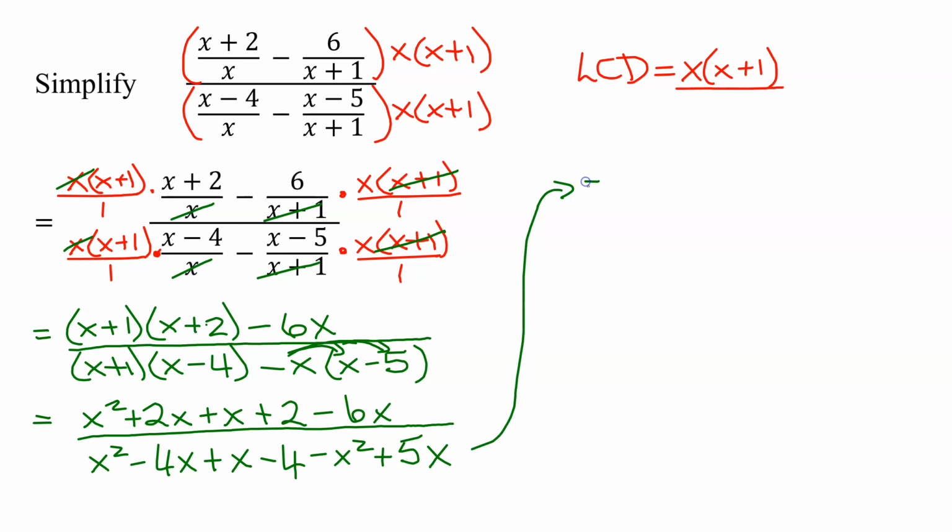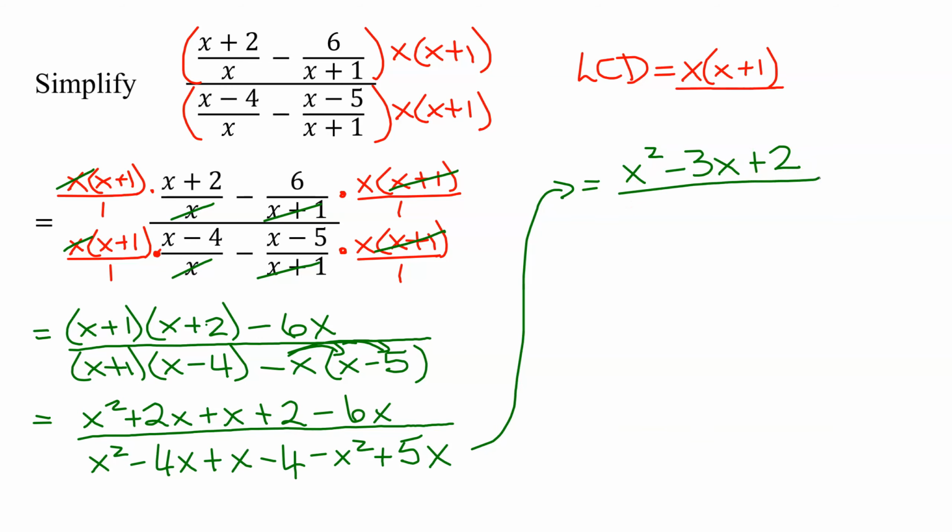Hopefully this will simplify. And so in my numerator, I just have one x squared term. Looking at my x's, I have 2x plus x is 3x, minus 6x is minus 3x, and then finally plus 2.